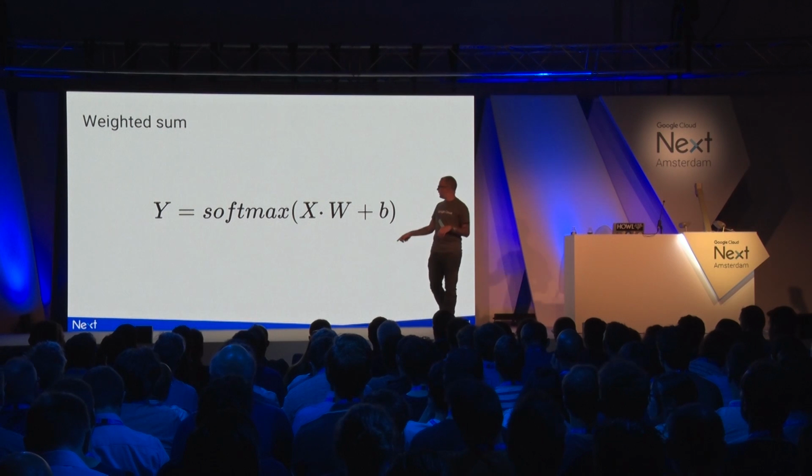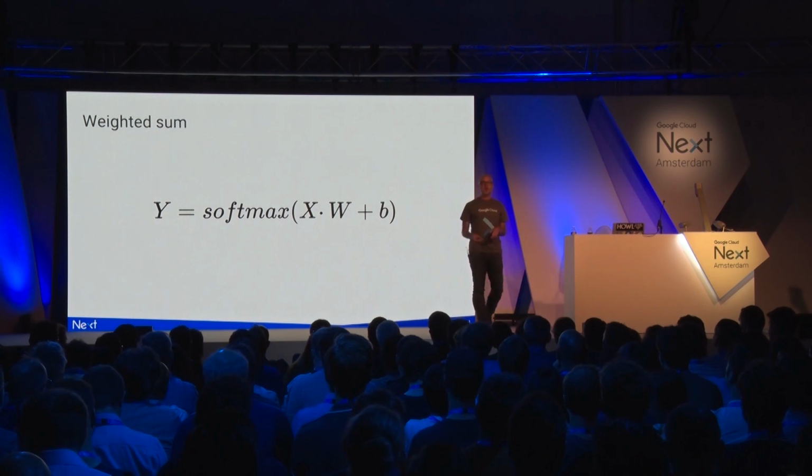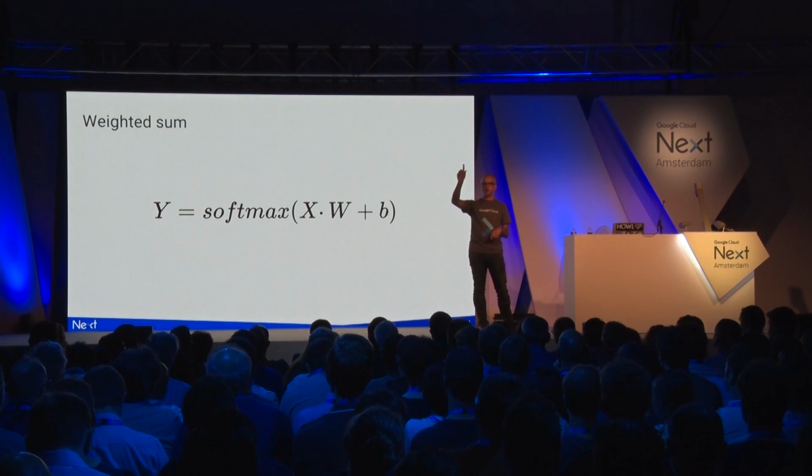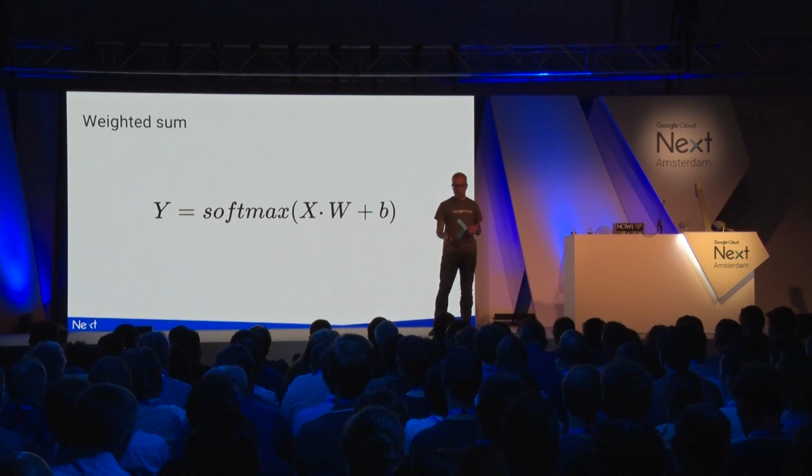There's an extra thing here called the bias. That bias is basically, if you go back to maths class, you had a y-axis and an x-axis. The bias is just where it intercepts on the y-axis. So we'll leave that for now, but that's what it does.